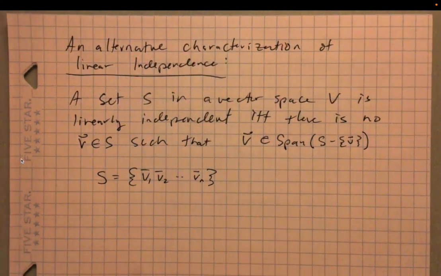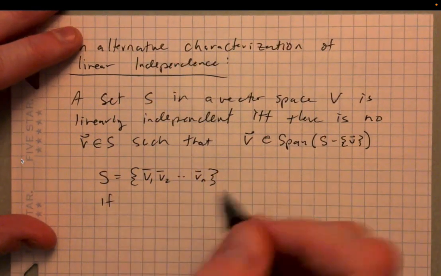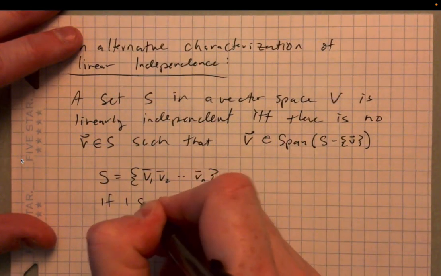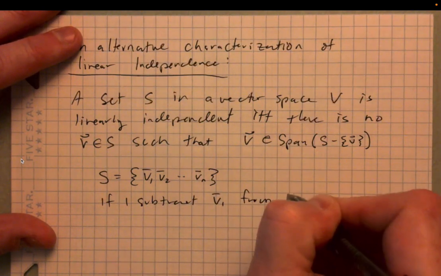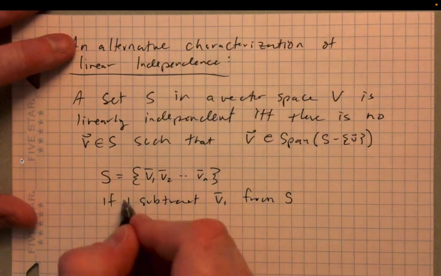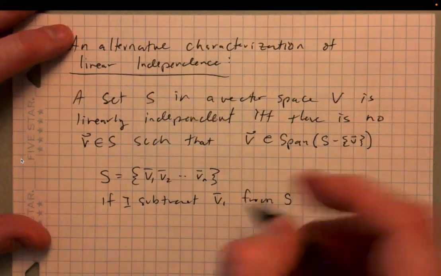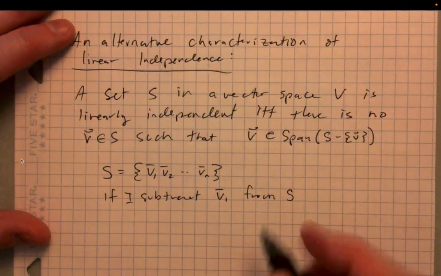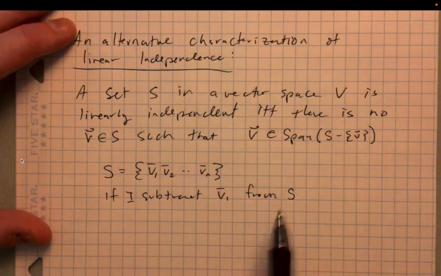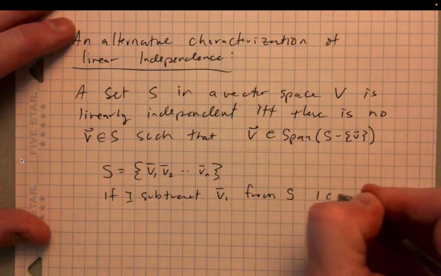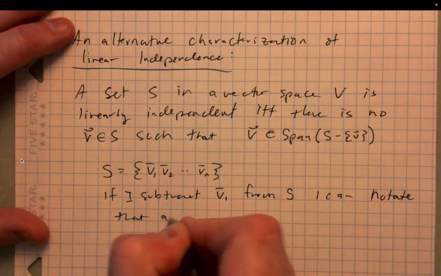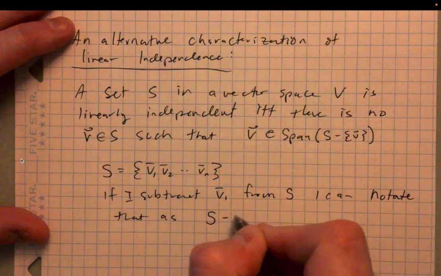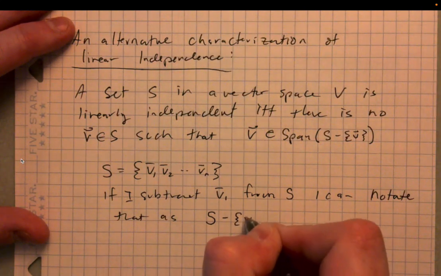If I were to subtract one of the vectors, so let's say I subtract V1 from S, one way to notate that is the set S minus V1.